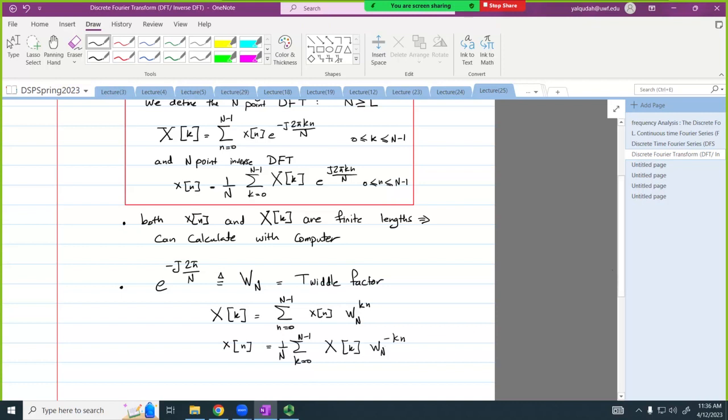So looking at this discrete Fourier transform, we have a signal in the time domain that is going to be of finite length. And we're going to calculate the spectrum, or the discrete Fourier transform.